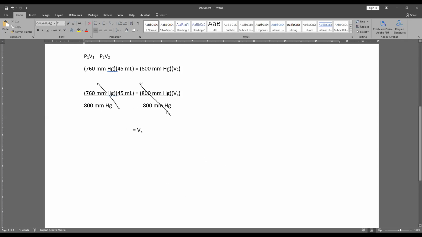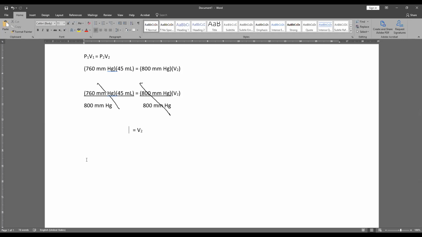Okay. So what will be happening next? After canceling the units and 800 on the other side, we actually extracted the V2 already, right? So the next thing to happen is to solve for V2, by multiplying 760 by 45 ml, and then dividing it by 800.